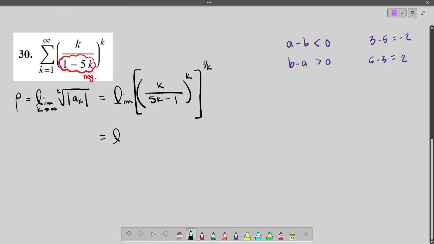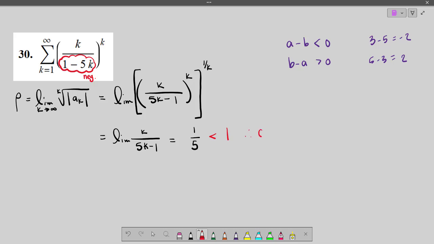Okay, so then we end up with the limit of the kth root of this, those just cancel, so we end up with this. And that limit is 1/5. And then we compare that to 1. And that's less than 1, so therefore we have convergence.